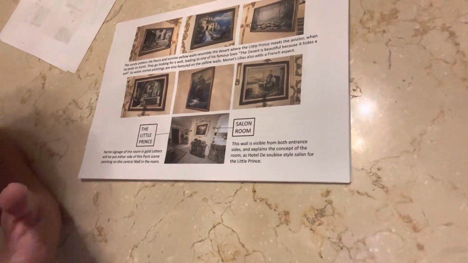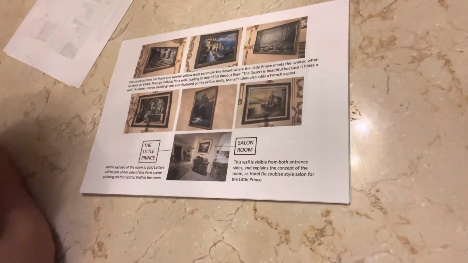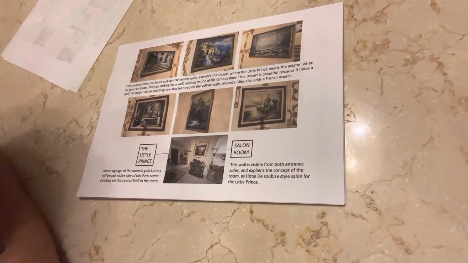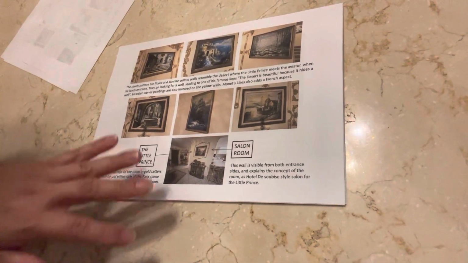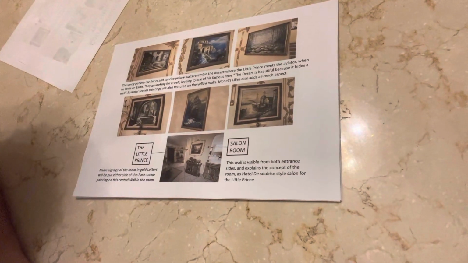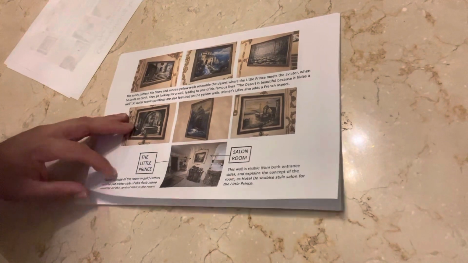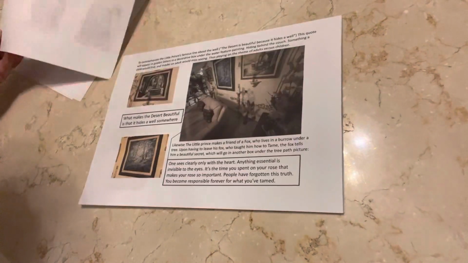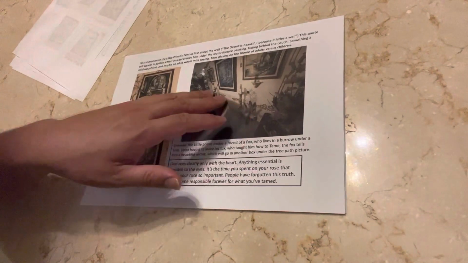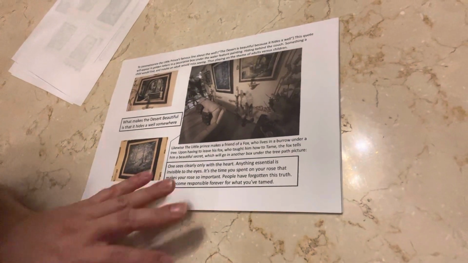Now in the desert, he finds that water is a particularly important thing. So we have paintings referencing water and little spaces where he will put more signs. The Little Prince Salon room. And I haven't finished the paneling, but that's where you put quotes from the book just to tell that story.